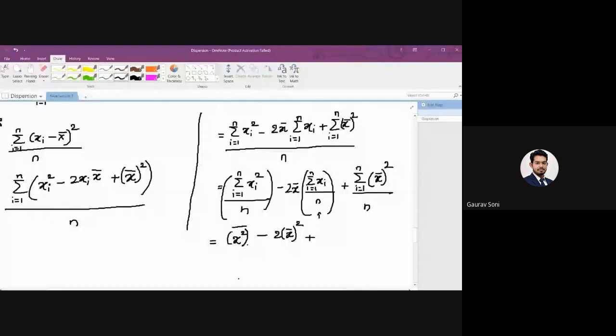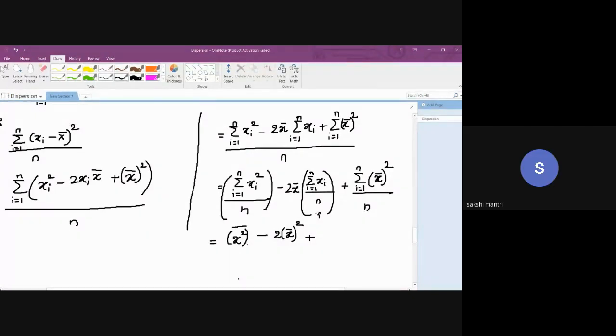Aditya Patil. Can you simplify the third term? Sakshi?